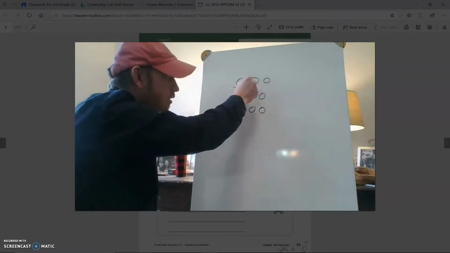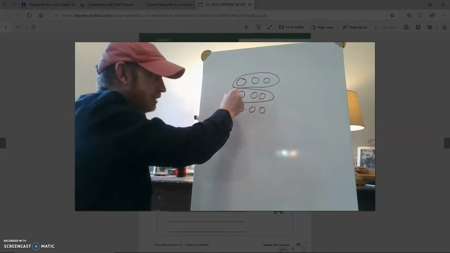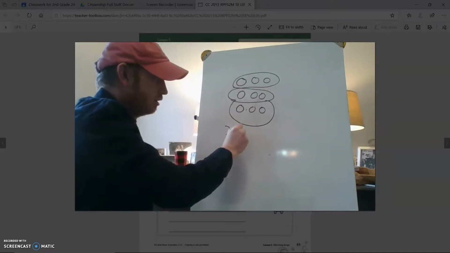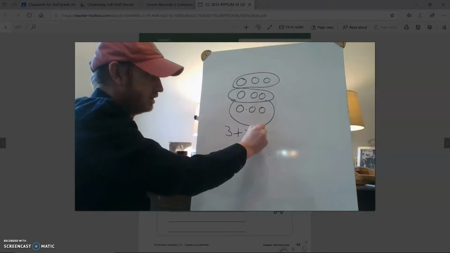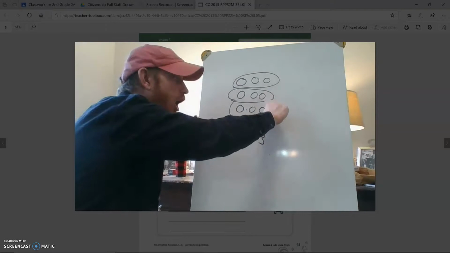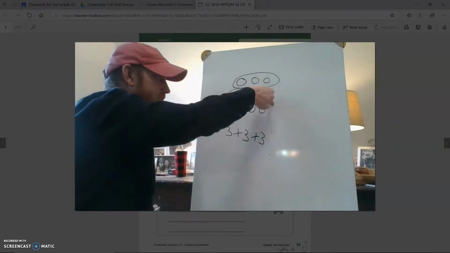So 3, 3, 3. So it'd be 3 plus 3 plus 3. But then, if we go the other way, you'll see that it's actually the same thing.